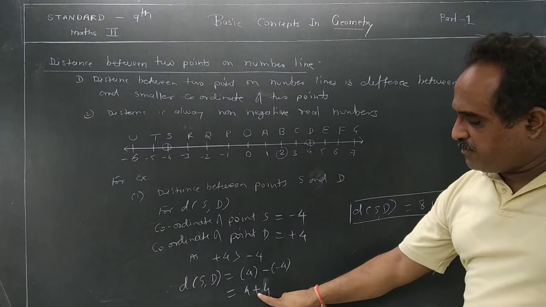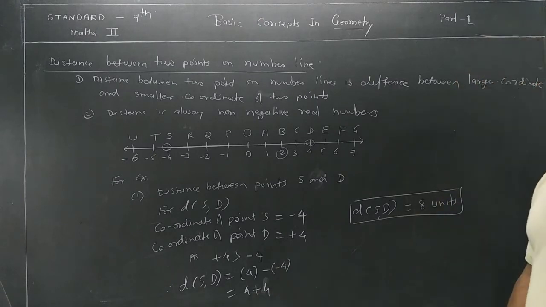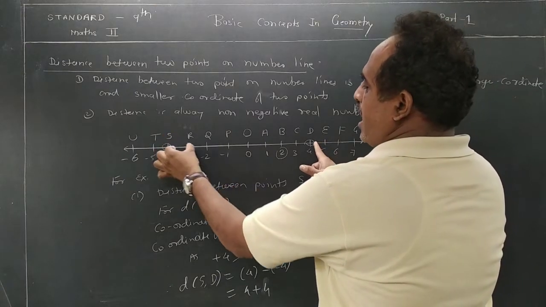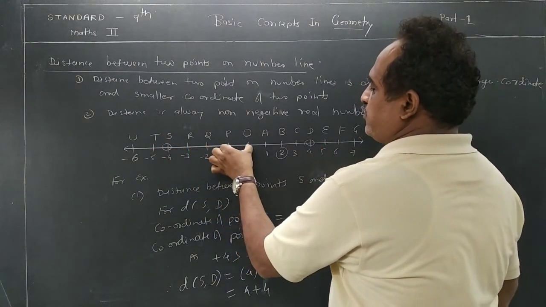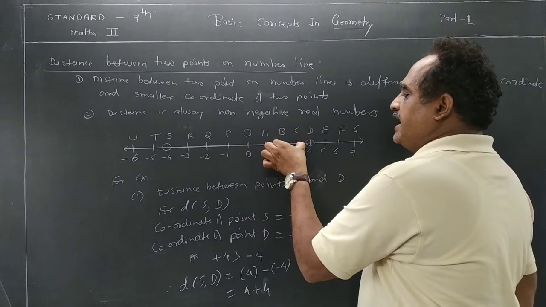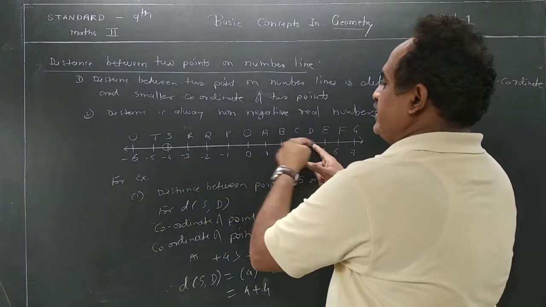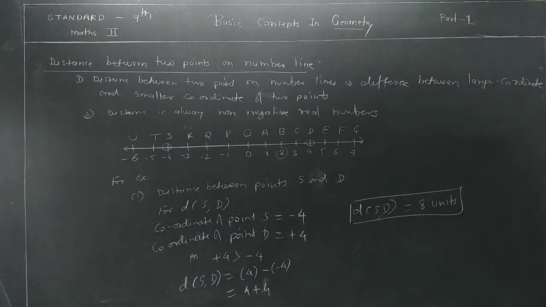But minus minus becomes plus, so it becomes 8. If you see in real, the distance between these 2 points is 1, 2 units, 3 units, 4 units, 5 units, 6 units, and 7 and 8 units. So that's why the distance between S and D is 8 units. At this moment, you do one thing, copy this down.